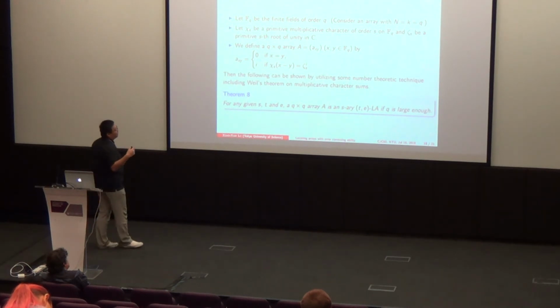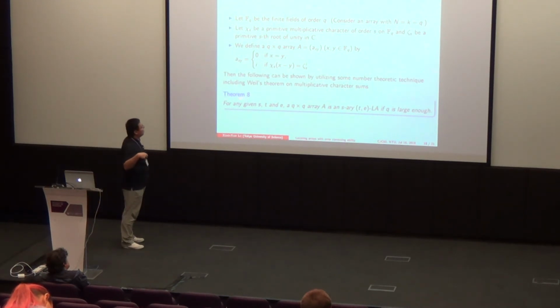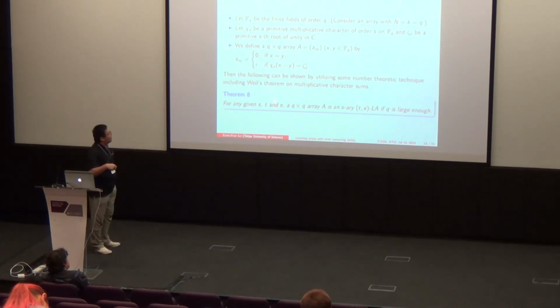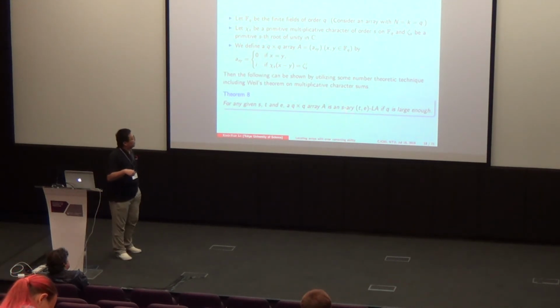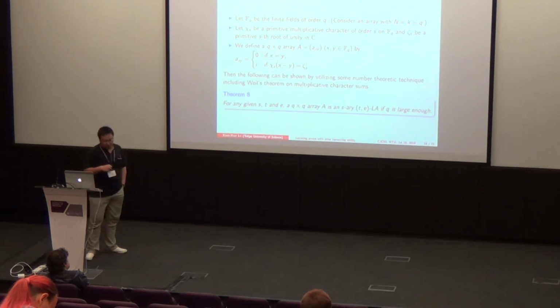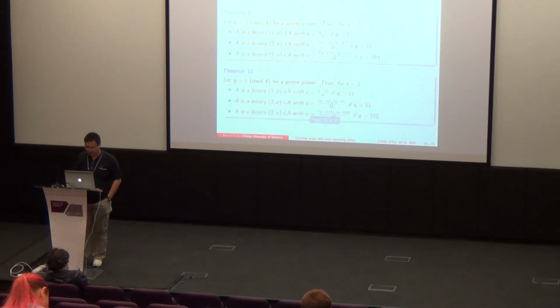By using the calculation of character sums, we can show that for any given s, t, and error e, there exists some q by q array that is an s-ary t-LA when the order or size of the matrix q is large enough.